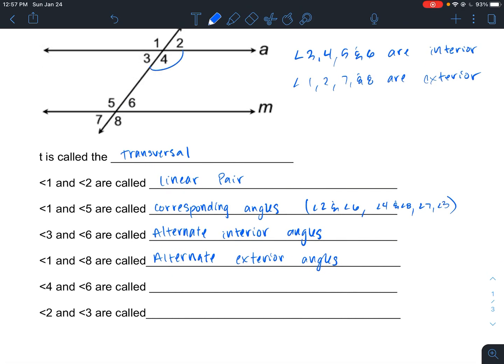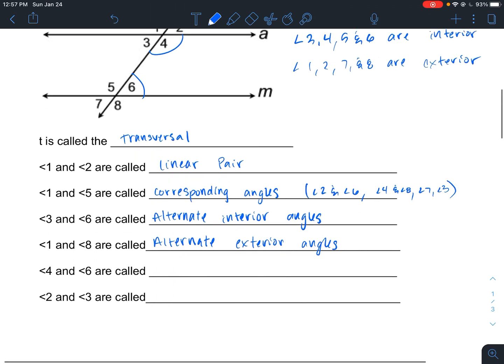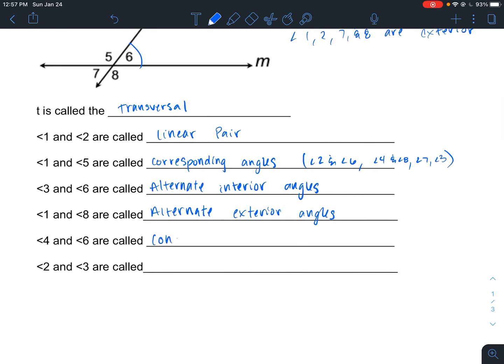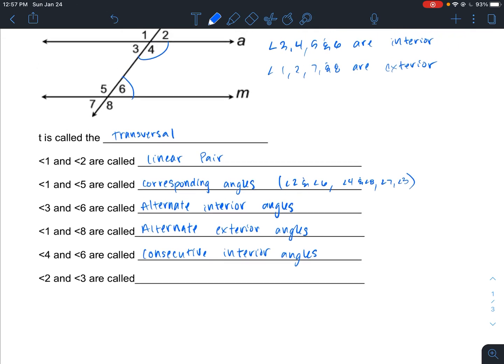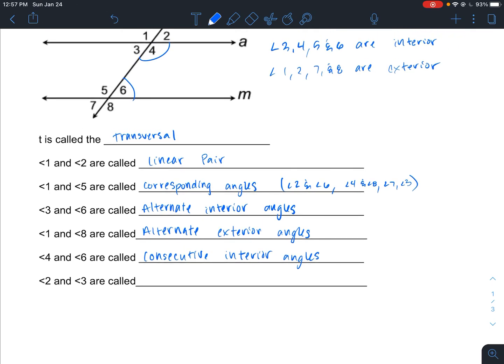Okay, now 4 and 6 are what we call consecutive interior angles. You might also hear adjacent interior angles. There can be different names for these, but for our purposes, I think we mainly stick to consecutive interior angles.